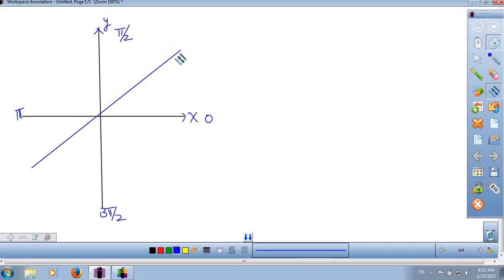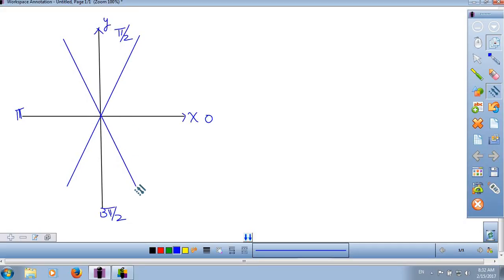Okay, so as you can see here, this is like a hexagon. We're dividing the whole revolution into 6 equal parts.